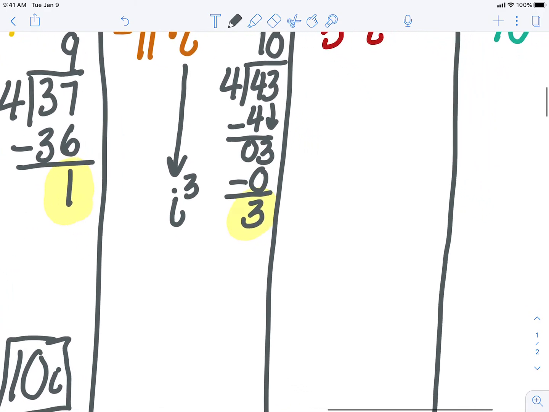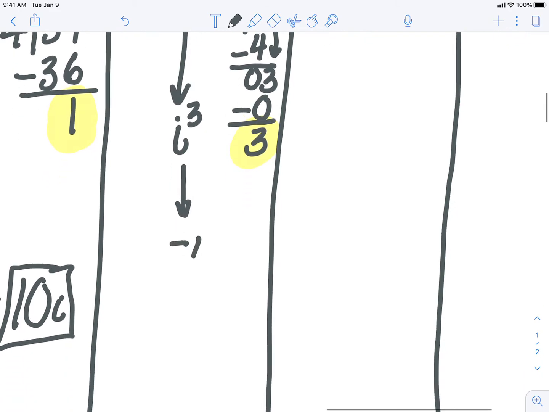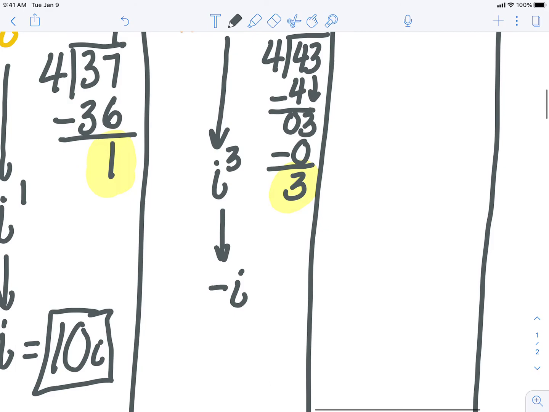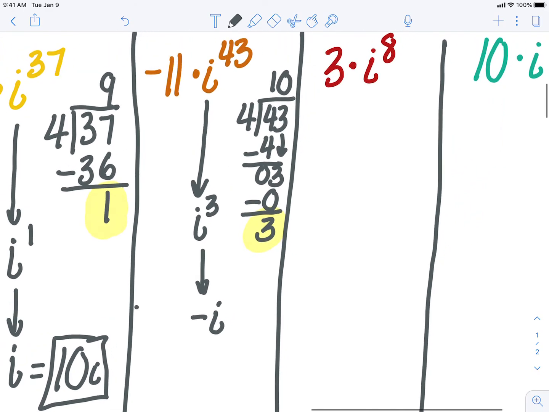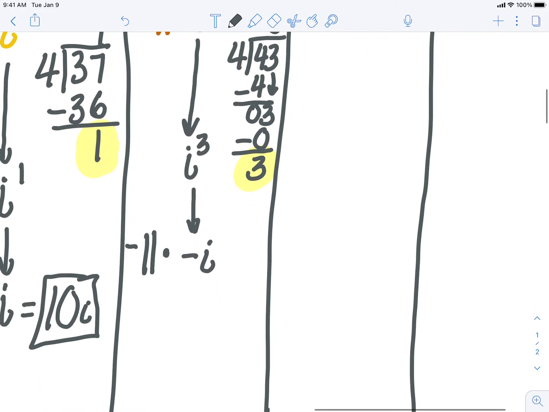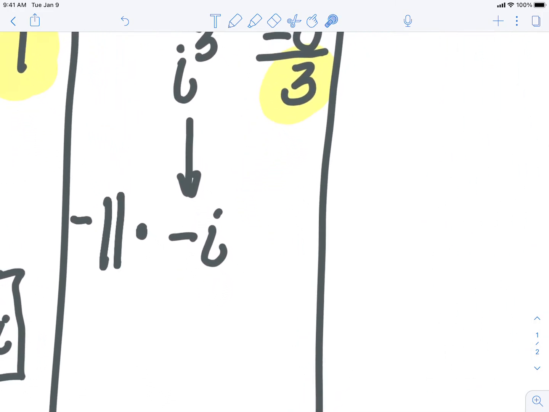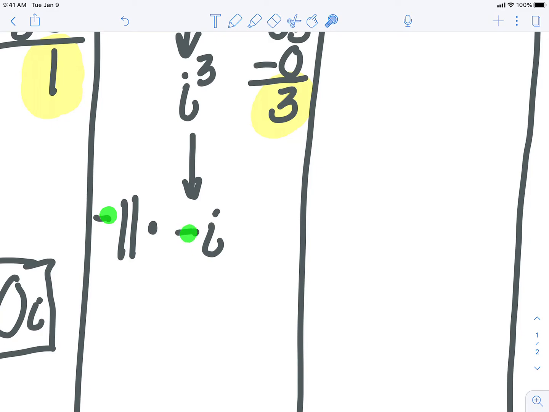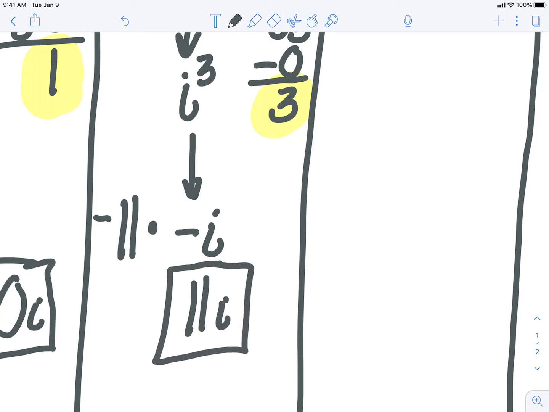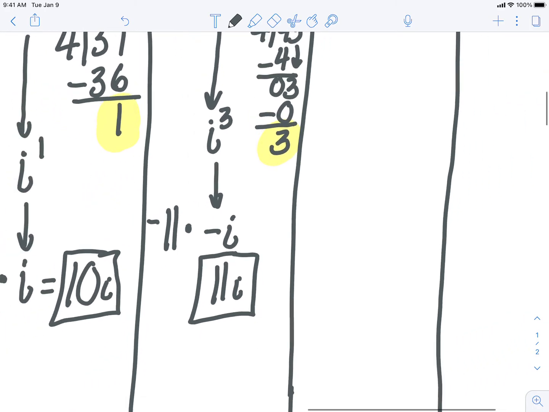Well, using my imaginary key, I know that i to the power of 3 is negative i. I'm going to bring down my negative 11 times. Okay. A negative times a negative is a positive. 11 times i is 11i. And that is my solution to my second part there.